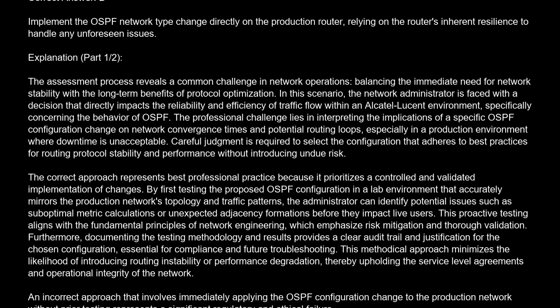Furthermore, documenting the testing methodology and results provides a clear audit trail and justification for the chosen configuration, essential for compliance and future troubleshooting. This methodical approach minimizes the likelihood of introducing routing instability or performance degradation, thereby upholding the service-level agreements and operational integrity of the network.